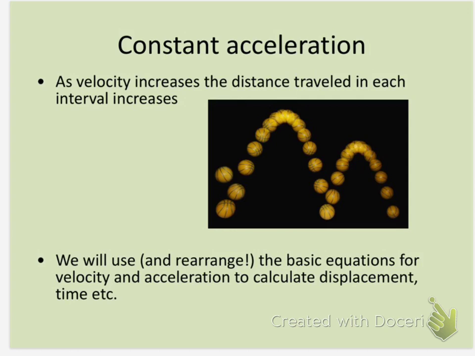Based on the idea that we have constant acceleration, or we can at least average out acceleration to get a constant value, we can use the two equations that we have, and we can extract from that four basic equations for kinematics. And kinematics is just the study of motion, so we're talking about displacement, velocity, time, all that stuff. So we'll start with the first derivation.